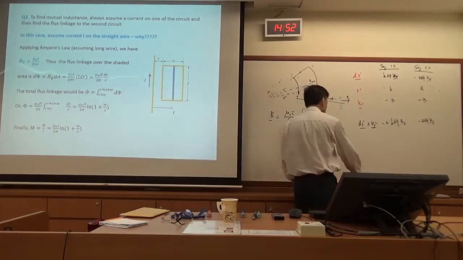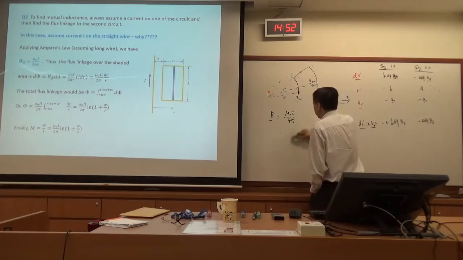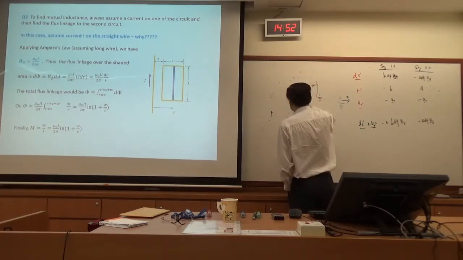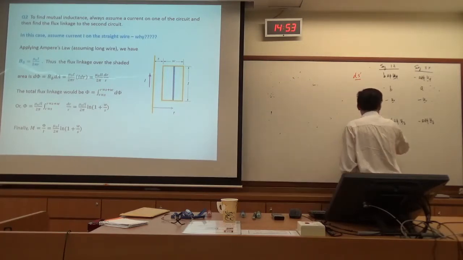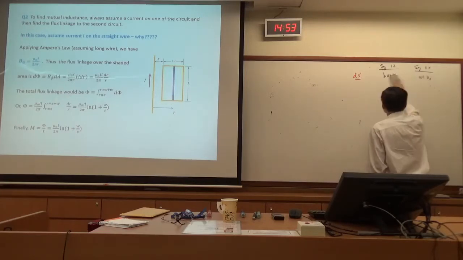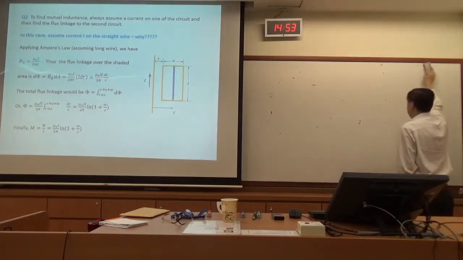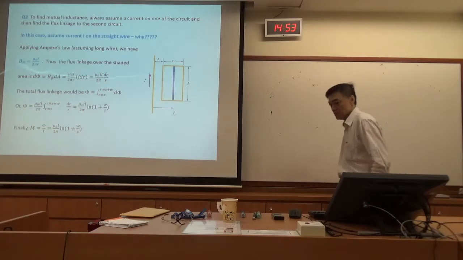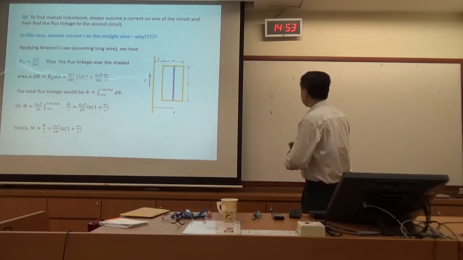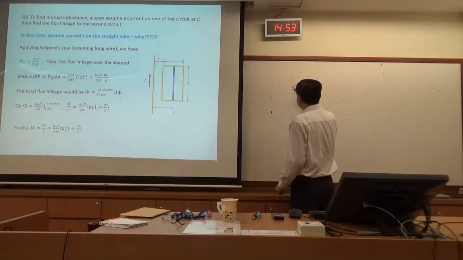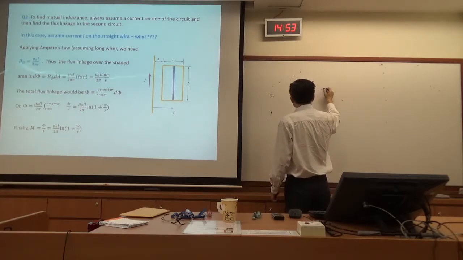Okay, mu naught I over 2 pi r. Then the next thing that we want to find is the flux linkage. Flux linkage is equal to the integral of B dot dA.